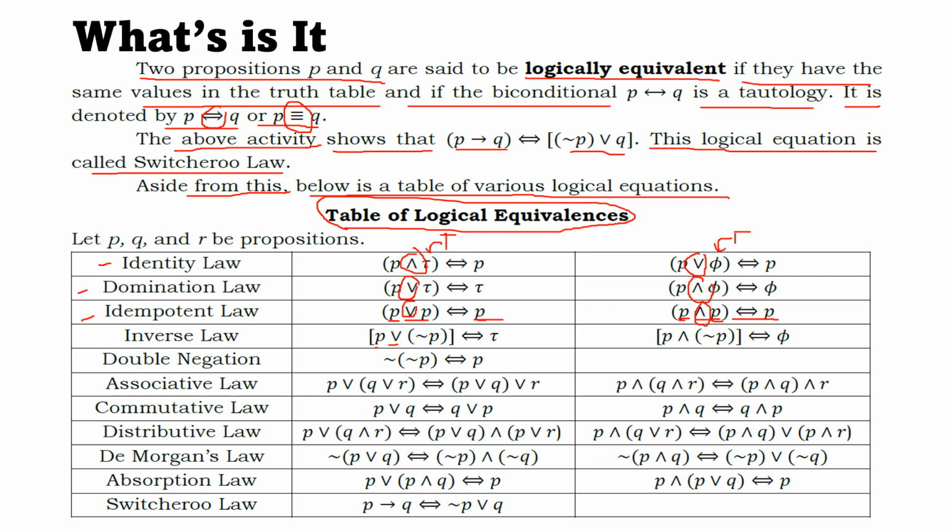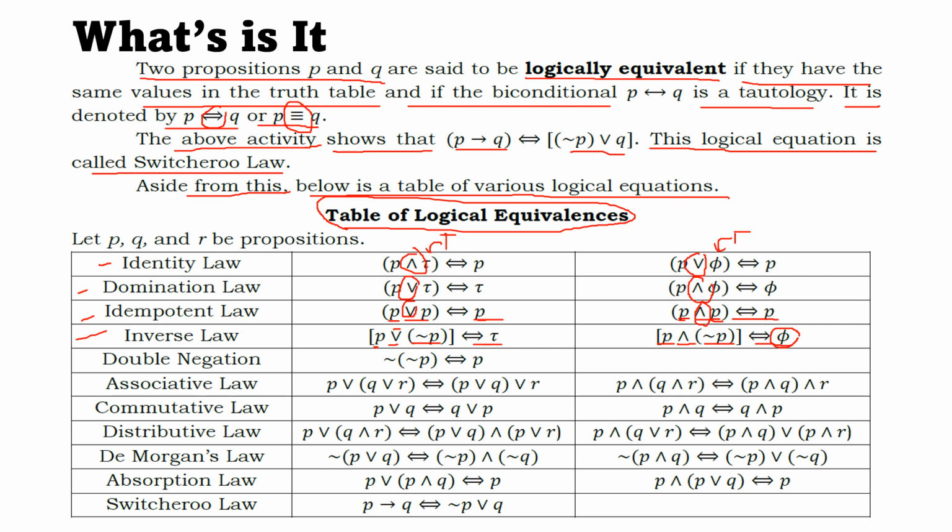Now let's move forward with your inverse law. As you can see here, your inverse law is P disjunction negation P biconditional tautology, and P conjunction negation P biconditional contradiction or fallacy.